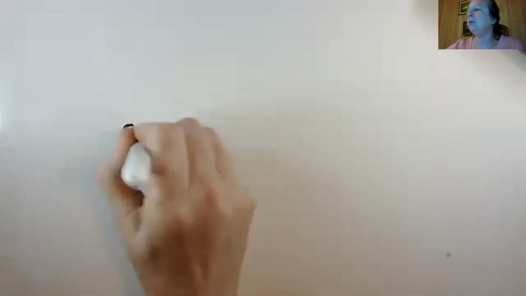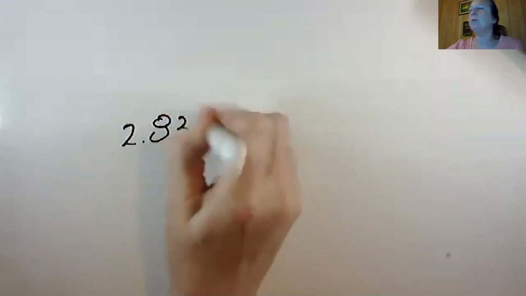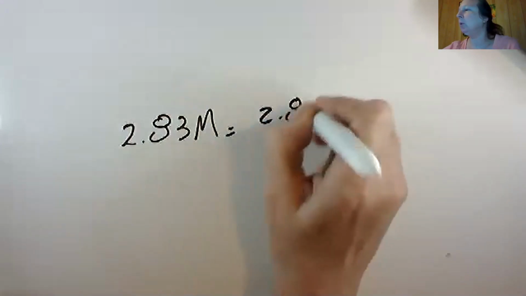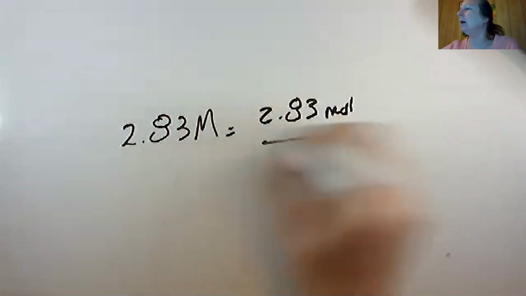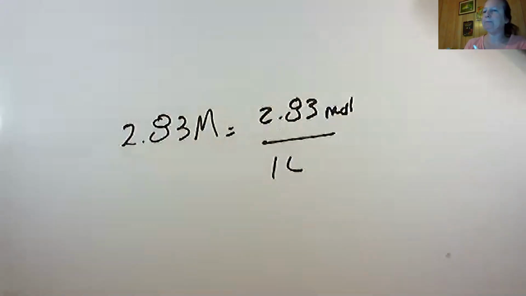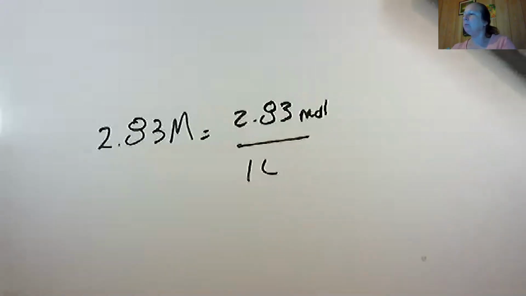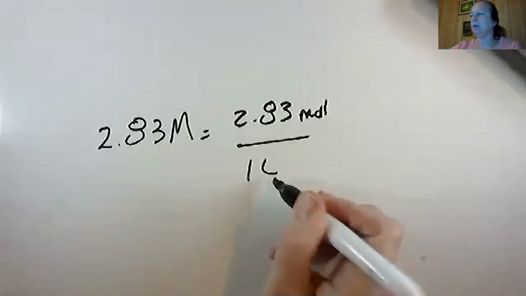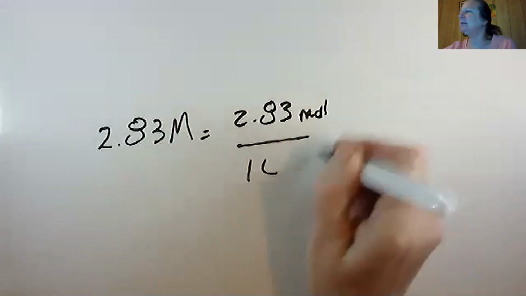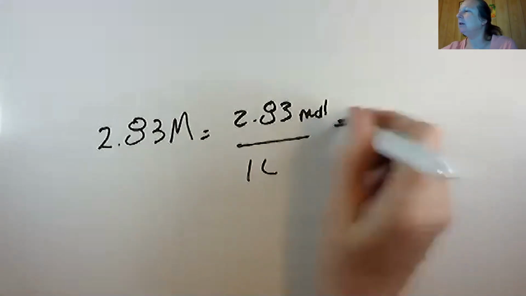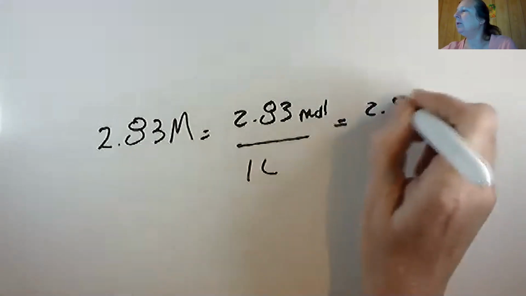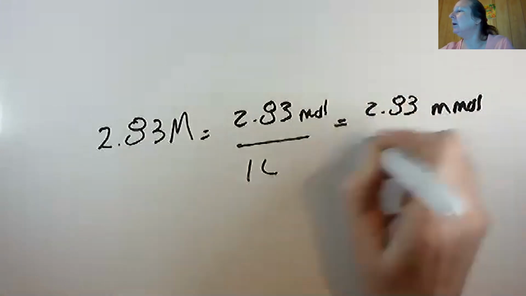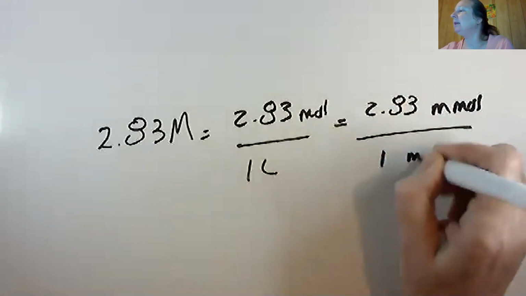So the slide gives the example of a 2.83 molar solution. That equals 2.83 moles of solute over 1 liter of solution, right? But what if I have milliliters hidden here? Well, this is the same as saying 2.83 millimole over 1 milliliter.